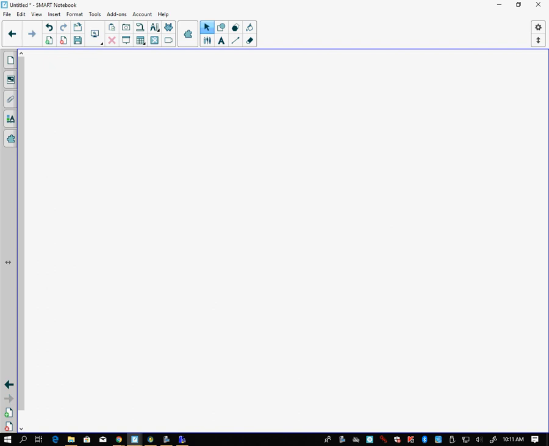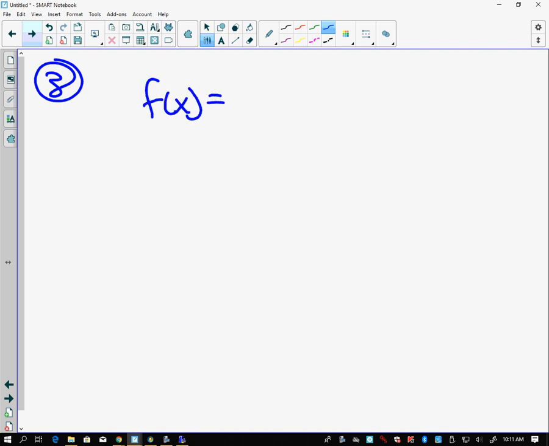Let's see, on number 3, it's going to want you to find the zeros of this quadratic function. It's going to say something like f of x equals, let's say, 64x squared minus 25. Find the zeros. Okay, where do I start with this?